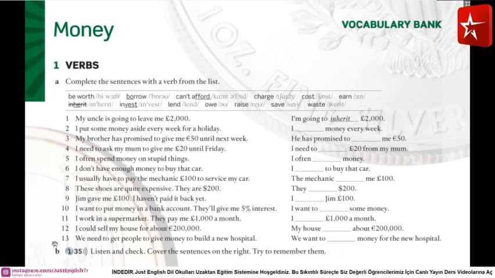Worth equals value. Altu, yes. In some cases we can use value or worth. It's correct. And Lara says for 13 the answer is raise. Yes, we want to raise money for the new hospital. Raise money, like most of the time we use raise instead of collect, right?